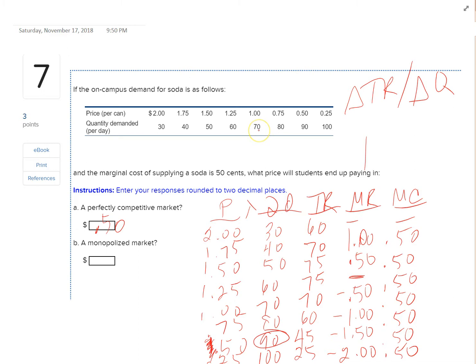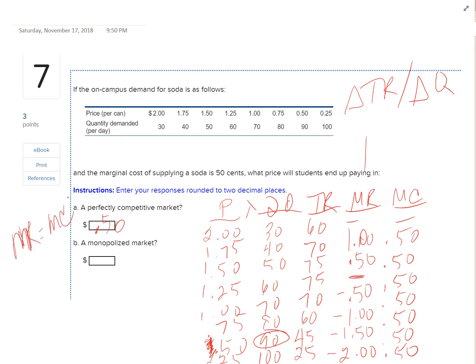And the reason I know this is because when marginal revenue is equal to marginal cost, that's where they're going to produce, right? I was told marginal cost is 50 cents. Therefore, where marginal revenue is equal to marginal cost. So this one is kind of a gimme.